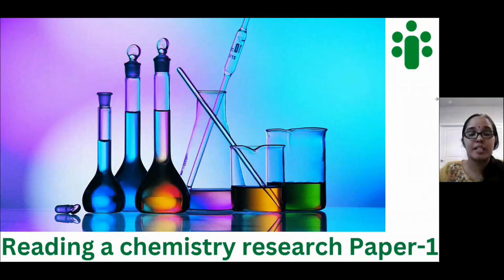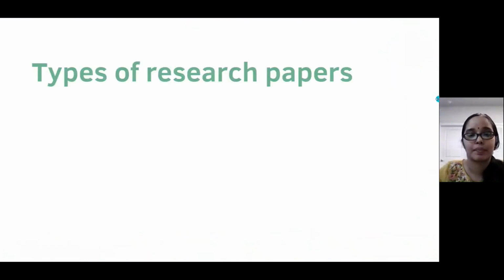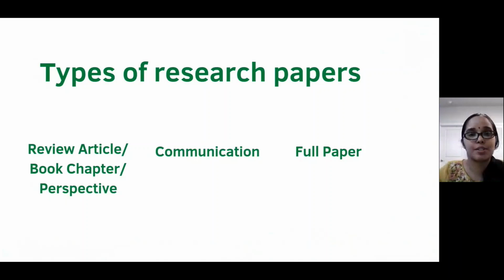Let's begin. So today we will go through the first video of reading a chemistry paper, that is reading a chemistry paper 1. And let us first see what are the types of research papers in chemistry. We have 3 major kinds of research paper. One is a review article or book chapter or perspective.